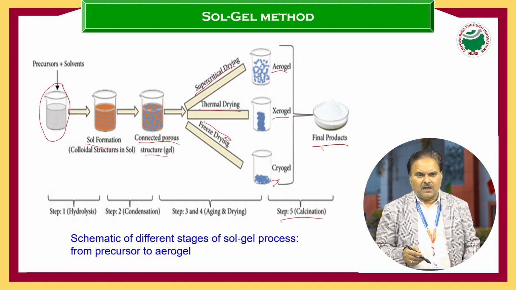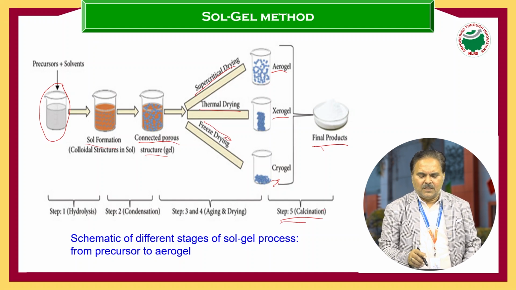Like if you use nickel salt, you will get nickel oxide. If you use copper salt, you can get copper oxide. If you use zinc salt, you will get zinc oxide. Like that, the particles will be forming after calcination. Before that, there will be some type of continuous structure, like aerogel, xerogel or cryogel.